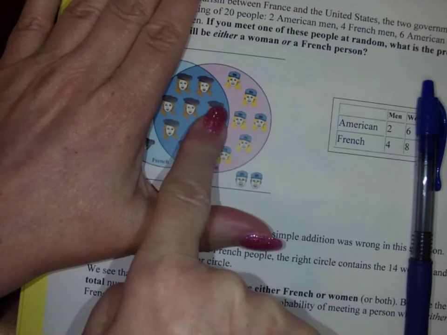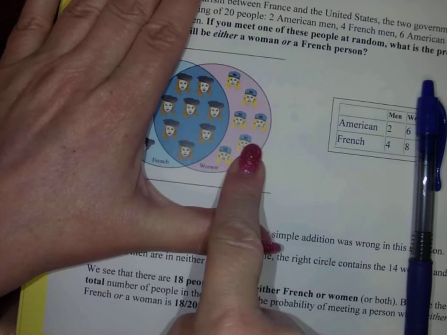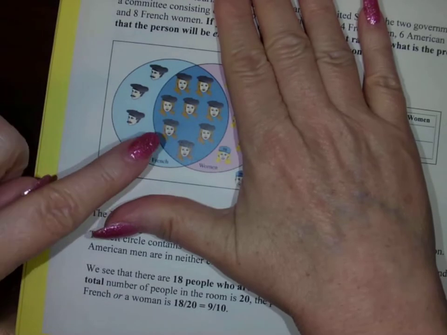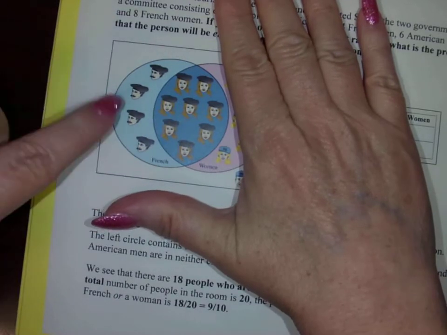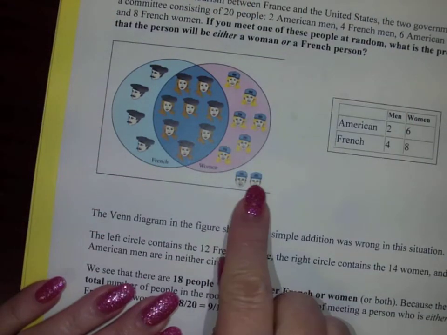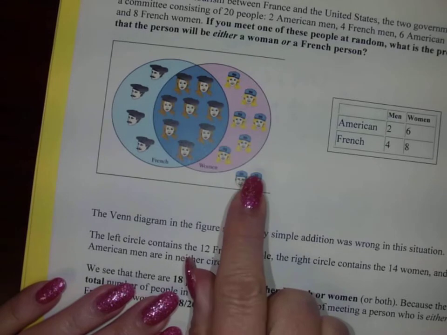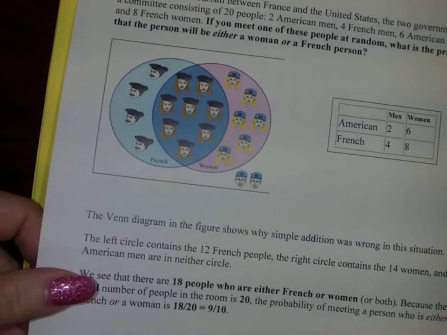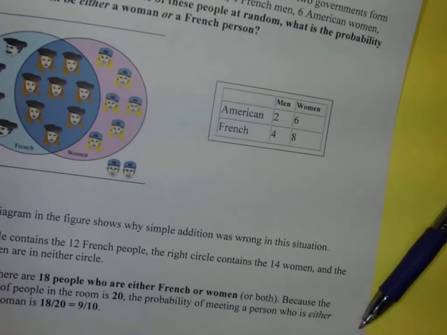Okay, so these are French women, these are American women, and then these are French women and French men. And then out here we have the 2 American men. All right, so we're missing a line there. Looks like it didn't come out very dark.